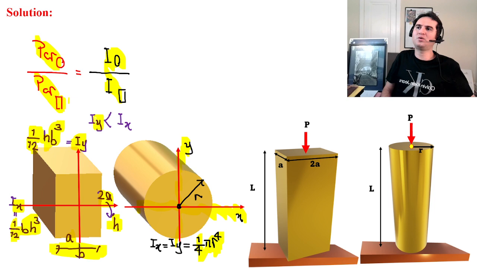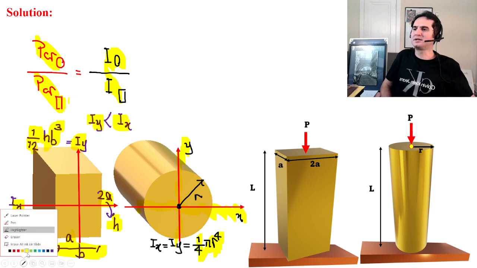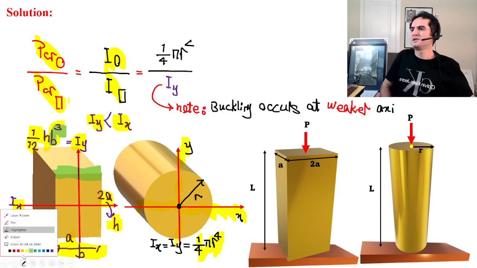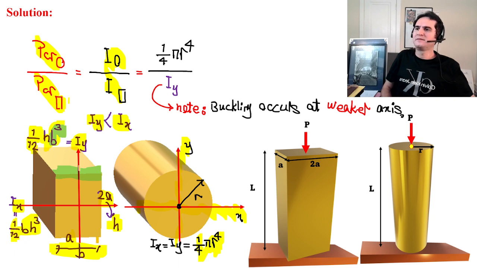You can easily see Iy is far below Ix. Why is that? Because Iy keeps the small b cubed, while Ix goes by the rotation of the longer h.